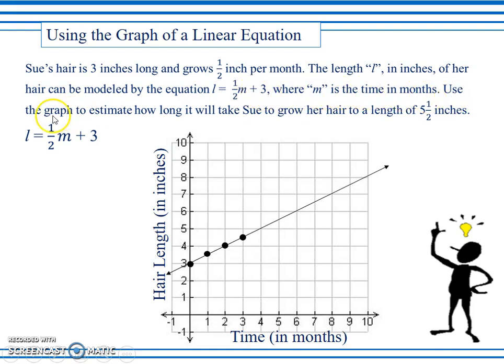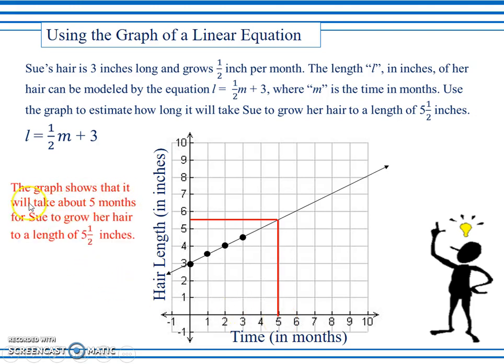Now we're going to use the graph to estimate how long it will take Sue to grow her hair to a length of 5.5 inches. So if we go up here to 5.5 inches for the hair length and we read across the graph, we find that that's going to take 5 months. So the graph shows that it will take about 5 months for Sue's hair to grow to a length of 5.5 inches.